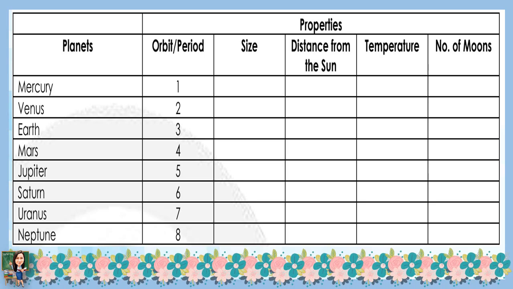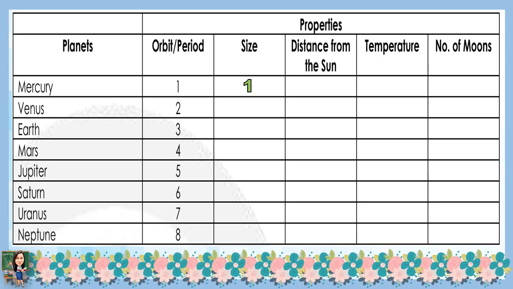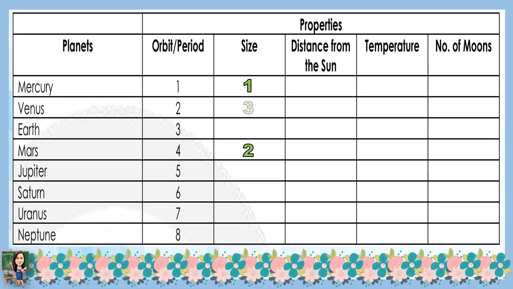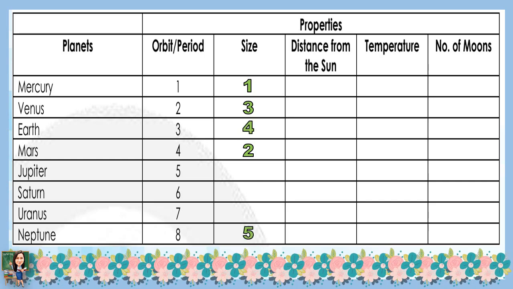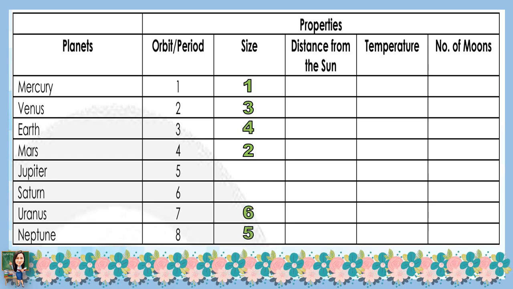Their sizes in increasing order from least to most is Mercury 1, Mars 2, Venus 3, Earth 4, Neptune 5, Uranus 6, Saturn 7, and Jupiter 8. So the smallest is Mercury and the biggest is Jupiter.